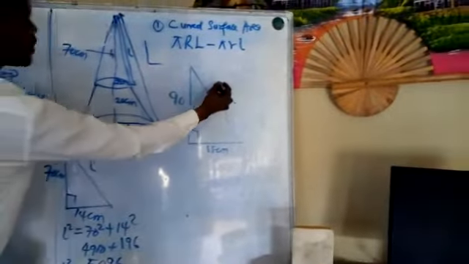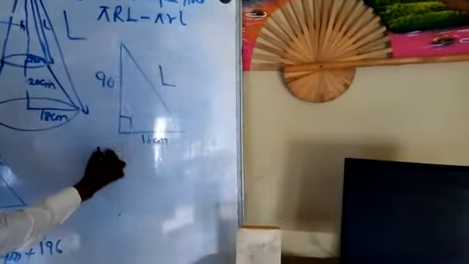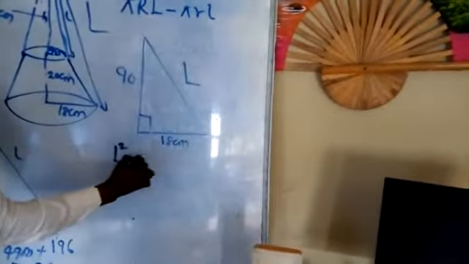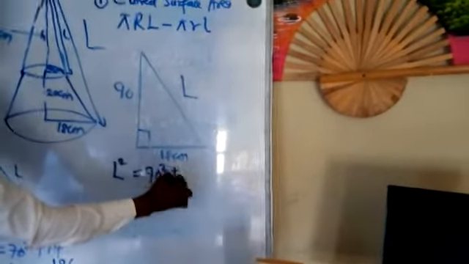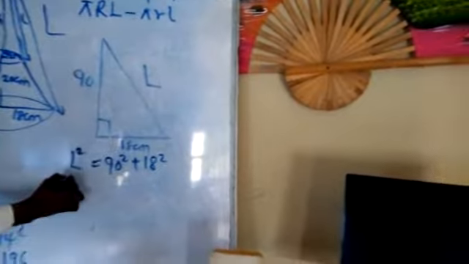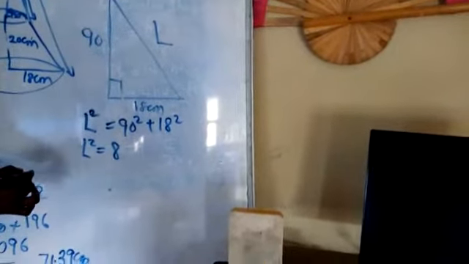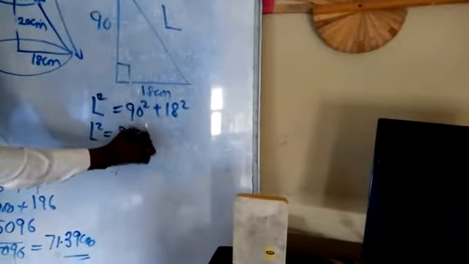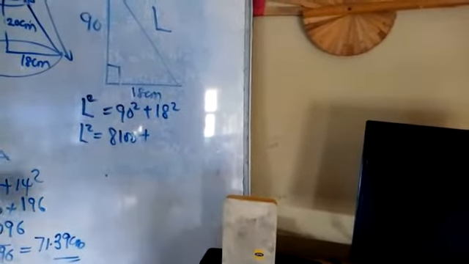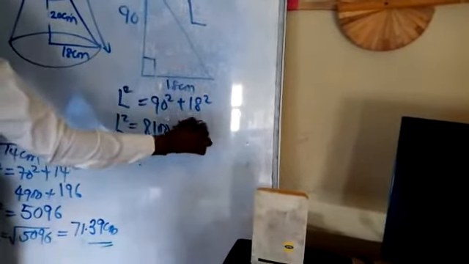Okay, the time is off. Let's look at the board, everybody. Now, since this place is L, we also use Pythagoras theorem. This becomes L squared equal to 90 squared plus 18 squared. So L squared equals, the square of 90 is 8,100, plus 18 squared is 324.